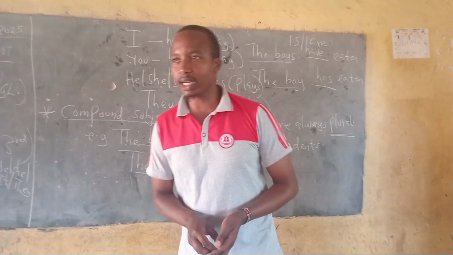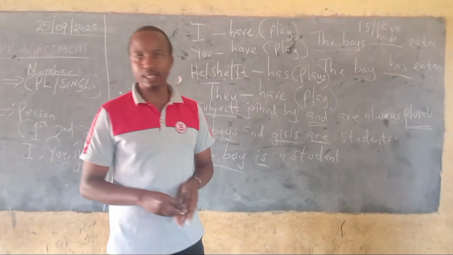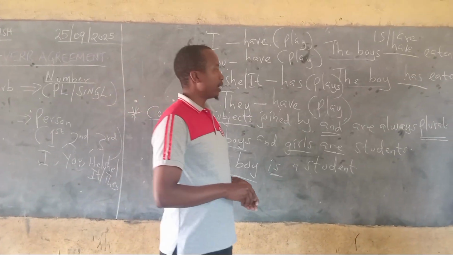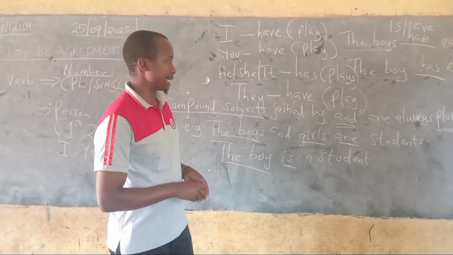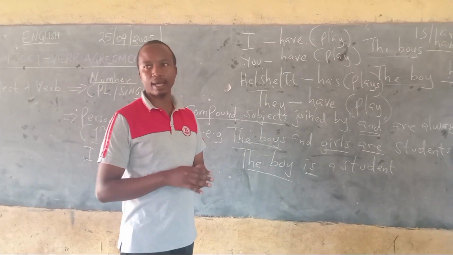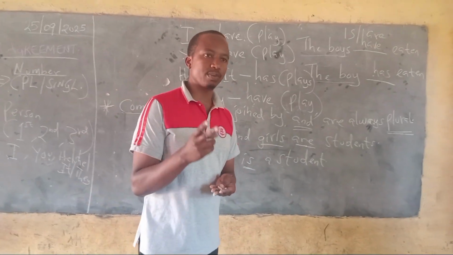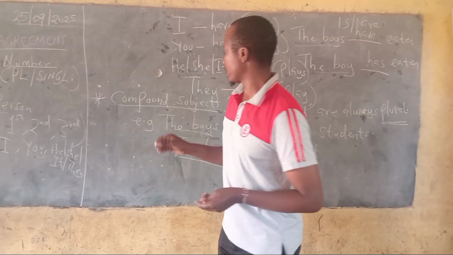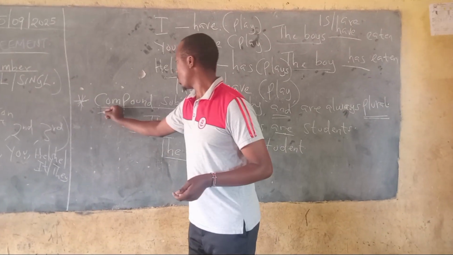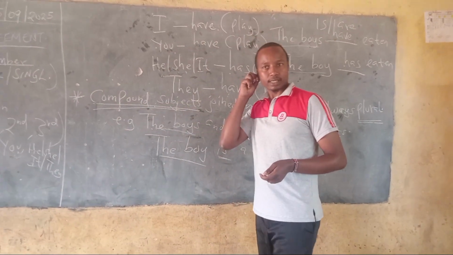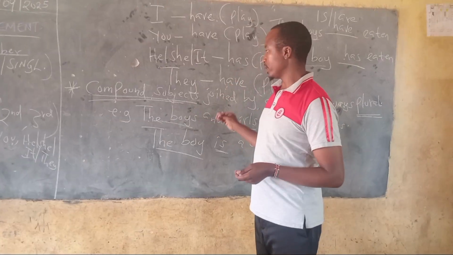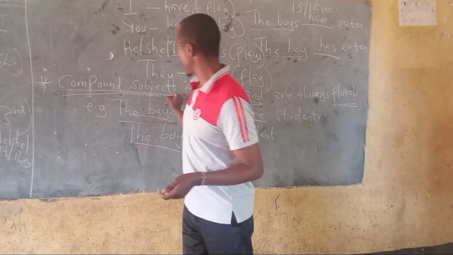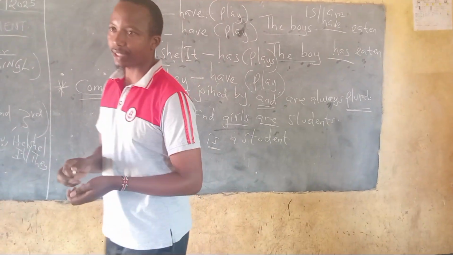Because when we discussed coordinating conjunctions, we saw the use of and to join two subjects together. So when and joins two subjects together, it forms what is called compound subjects. Are we together? Yes. So when and joins compound subjects, they become plural subjects.